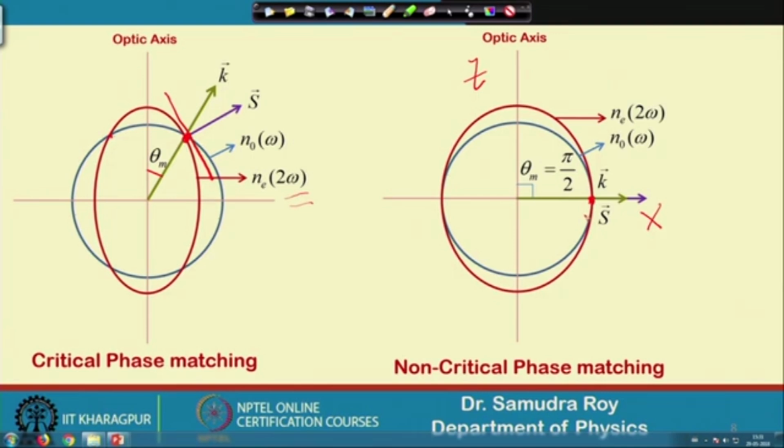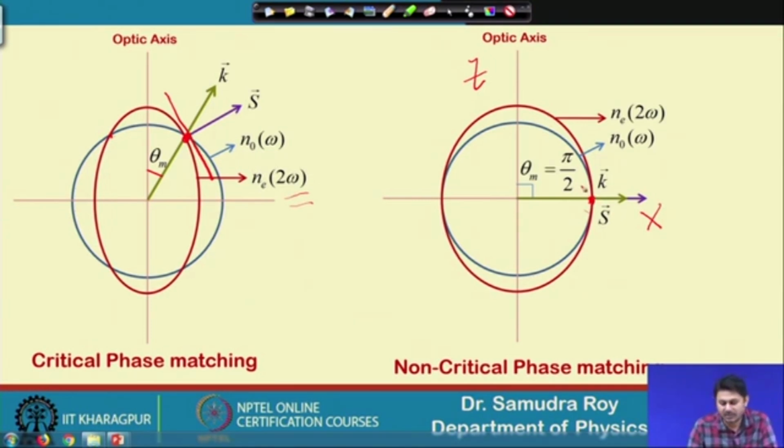So, criticality is somehow less in this particular case, where the phase matching angle theta m, as we mentioned, is pi by 2. So, when theta m is pi by 2, we have a certain direction where the phase matching is possible, and this direction is nothing but along the x direction.